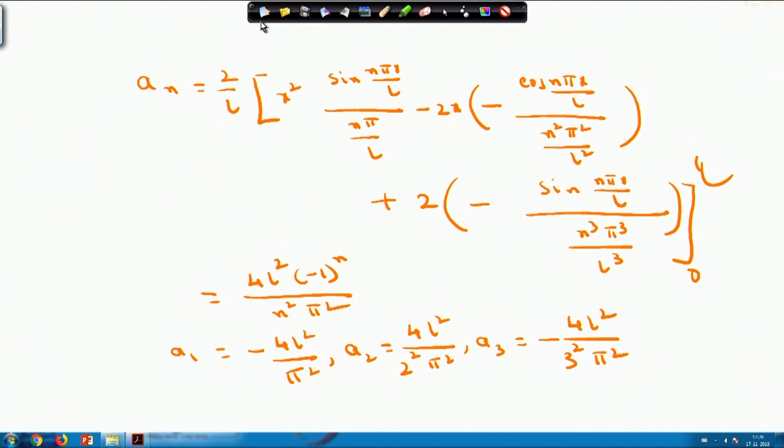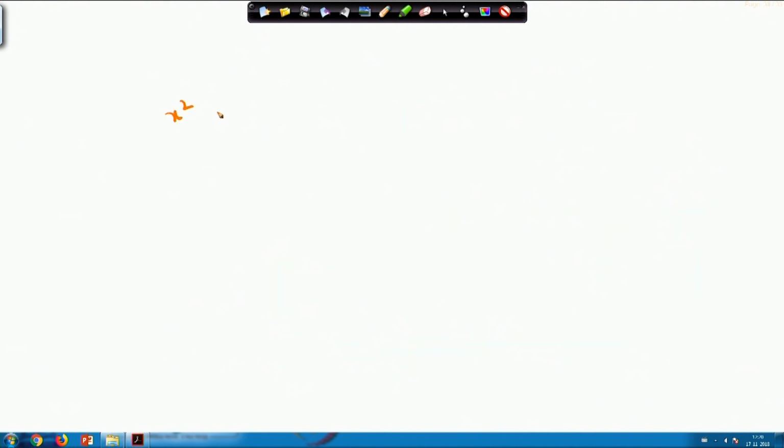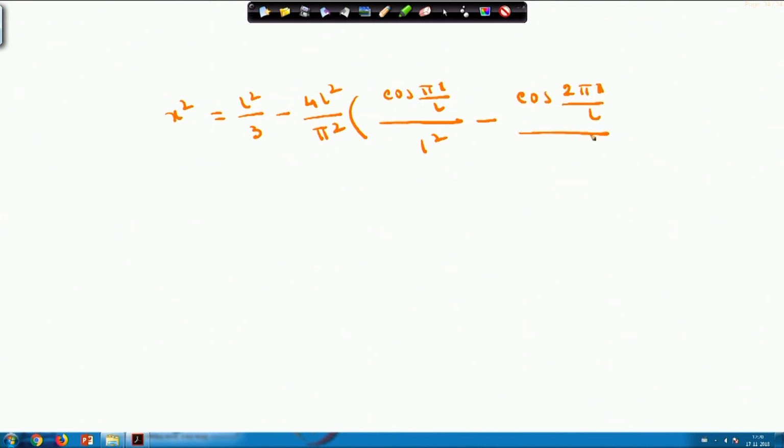So that you can write down your x square, this is equal to L square by 3 minus 4 L square by pi square. This will be in common into cos pi x by L by 1 square minus cos of 2 pi x by L by 2 square plus cos of 3 pi x by L by 3 square minus, and like this way it will continue.